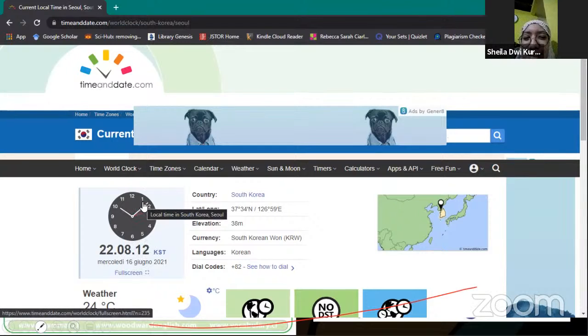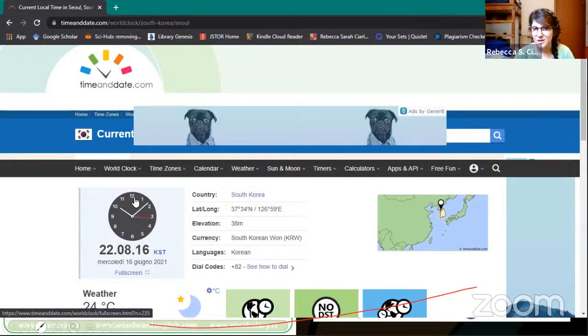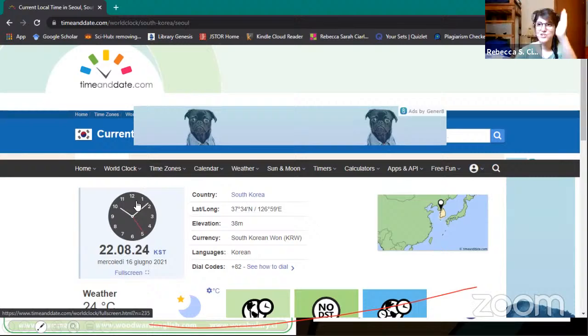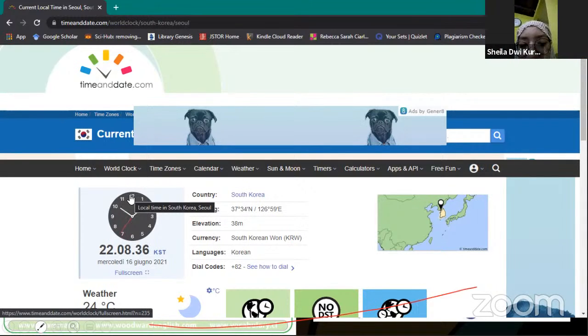No. Okay, so these numbers here are the hours. For the minutes, you have to imagine them to change every 5. Here you see a change by 1 hour, it's like a change in 5 minutes.